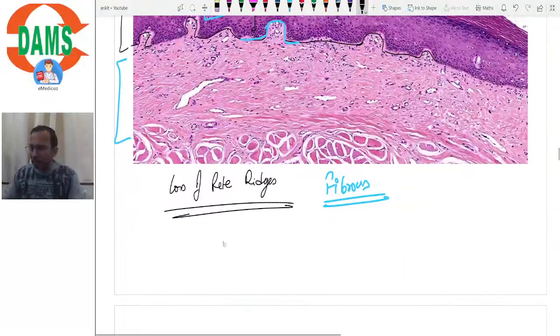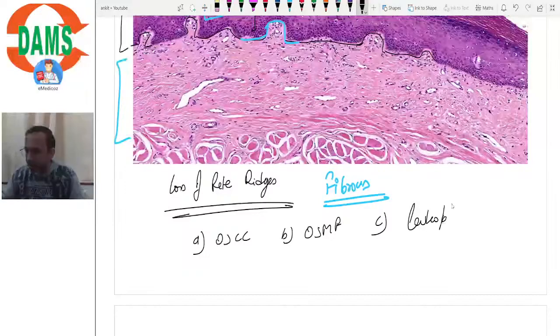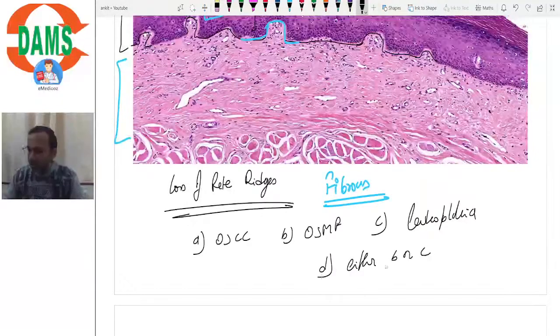Options अगर मैं दूं तुम्हें, OSCC, OSMF, ल्यूकोप्लेकिया, the either B or C. So what will be your answer?